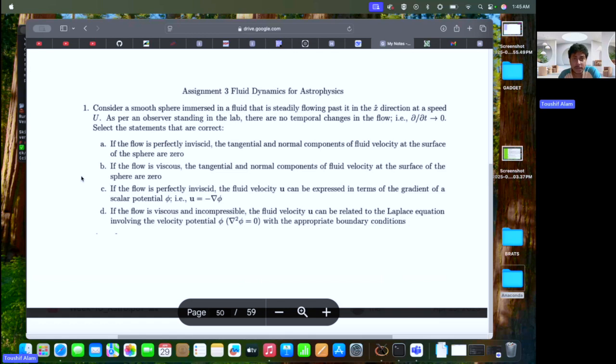As per an observer standing in the lab, there are no temporal changes in the flow.